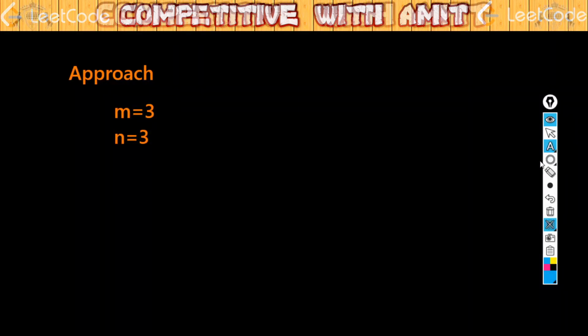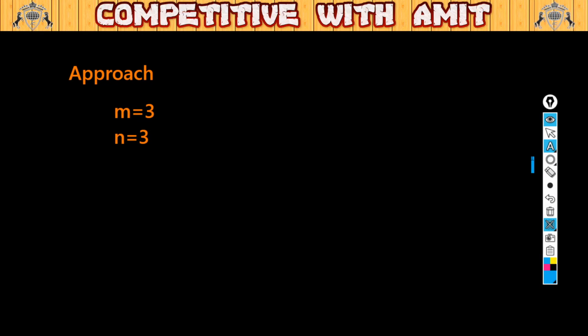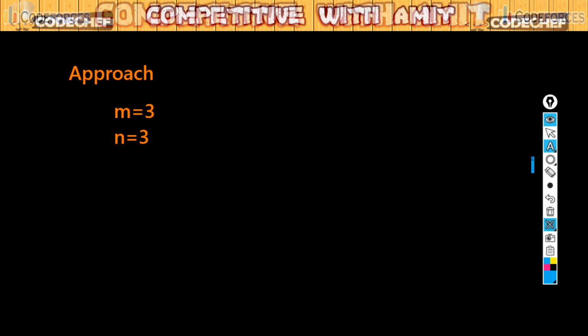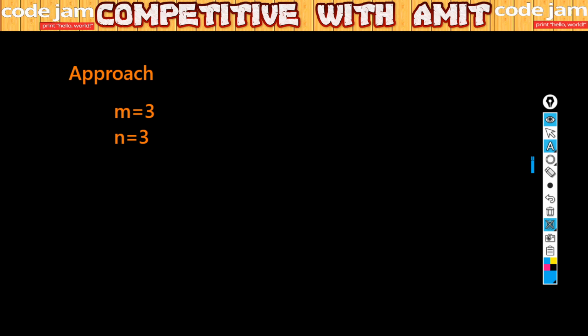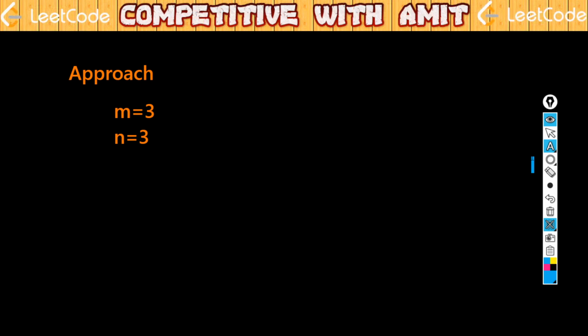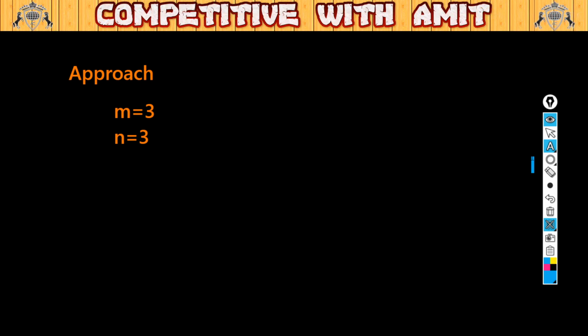Now for understanding the question, we will take an example where m equals 3 and n equals 3. We have to count the number of paths to go from the top left corner to the bottom right corner. For counting the number of possible paths, the thing we use is dynamic programming.